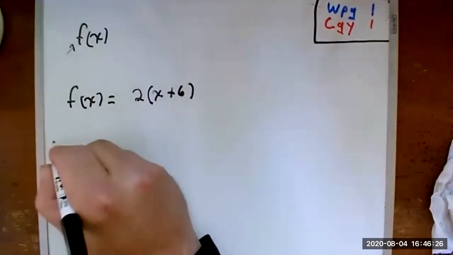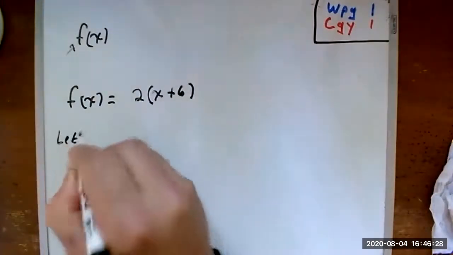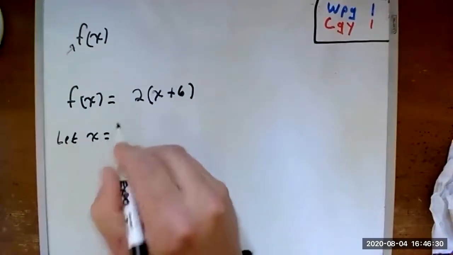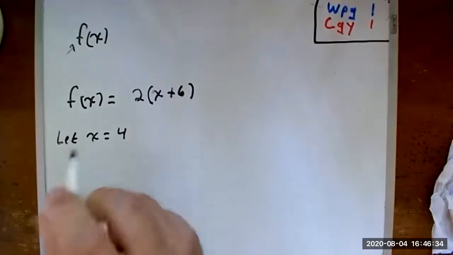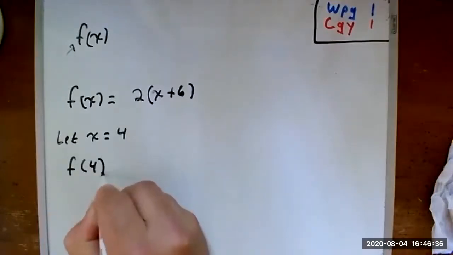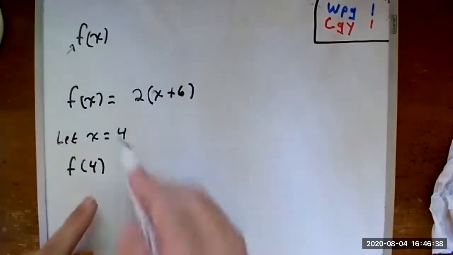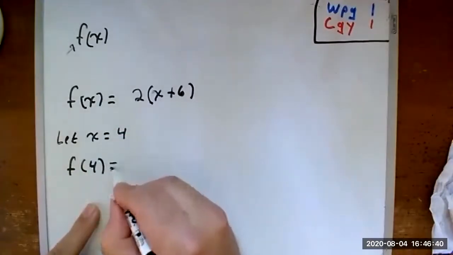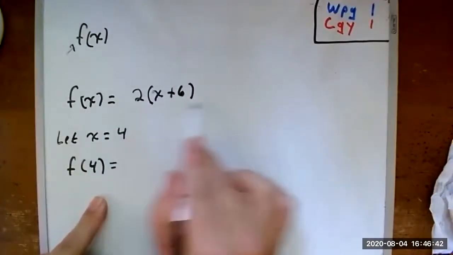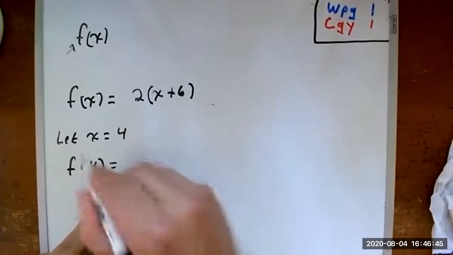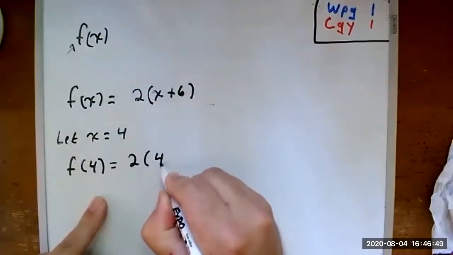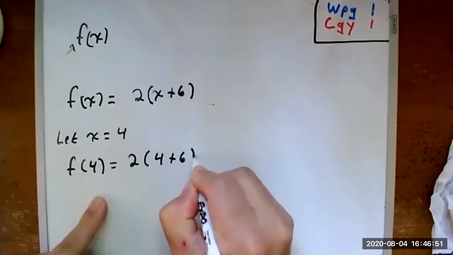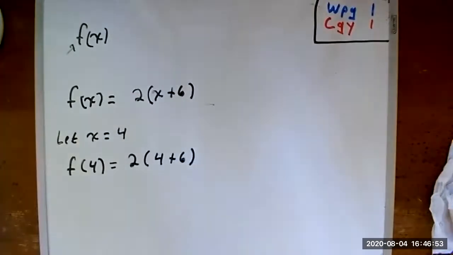The nice thing about function notation is that it then tells us what exactly we're doing in the case of actually having to put in specific numbers. So if we were told to, let's say, what happens if we let x be equal to 4? The easier way to say that is I want f of 4. As you can see, I've replaced the x with a 4 here, so that's what we do on our equation side.